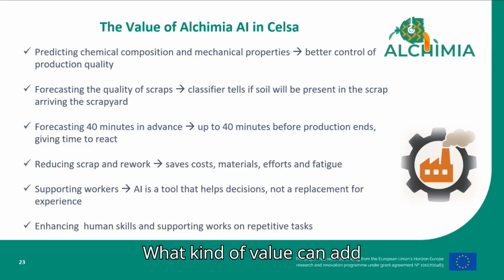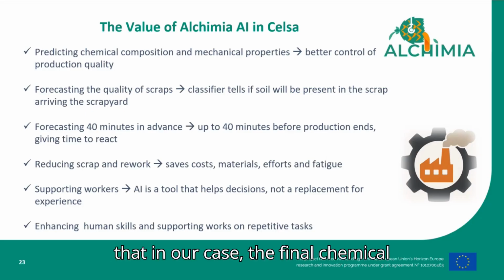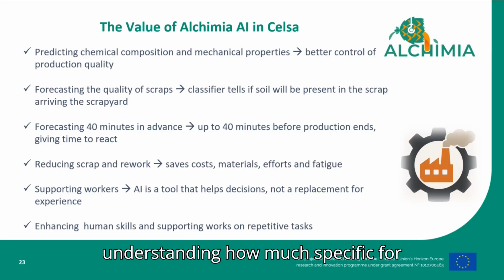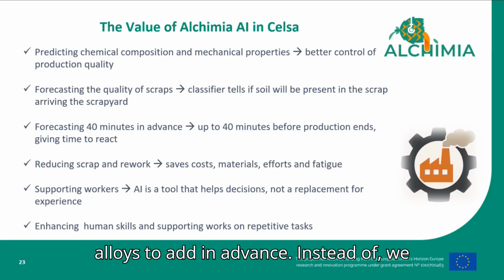We have to understand if the answers, the results, the support that they give us is trustable or not. What kind of value can it add to you in CELSA? Well, for example, it can allow us to predict, in our case, the final chemical composition at the end of the ladle furnace. This can help, for example, in understanding how much of specific ferroalloys to add in advance.